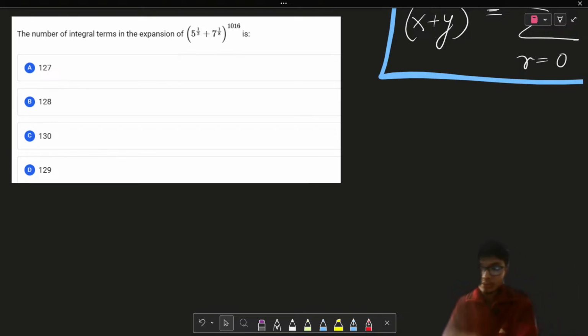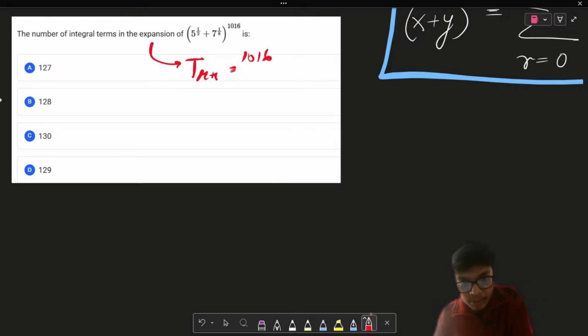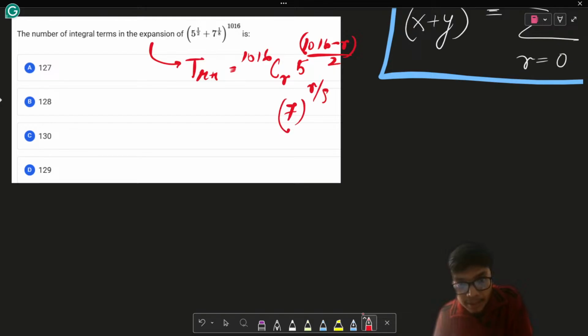So if I try to write down the general term from this expansion, it would become 1016 C R, and 5 to the power (1016 minus R) by 2, multiplied with 7 to the power R by 8, right?